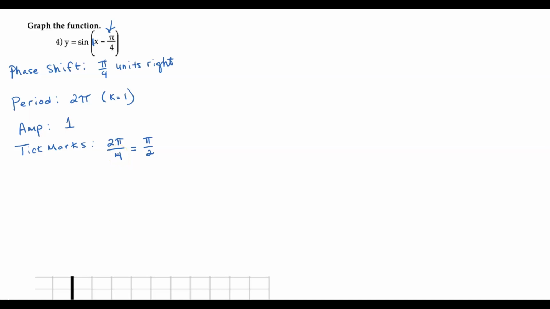So what we're going to do here is start off with the original domain of the parent, 0 to 2 pi, and write in our translation, which is x minus pi over 4. So again, it's going from 0 to 2 pi. We're going to do the phase shift by adding pi over 4 to both sides.